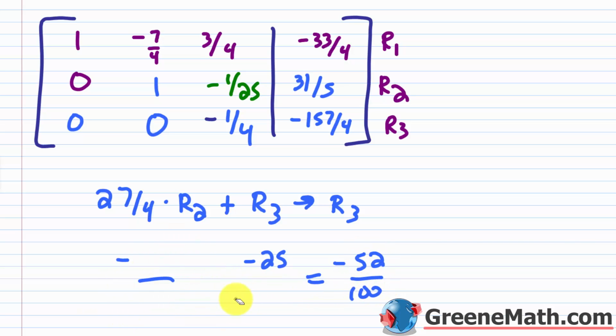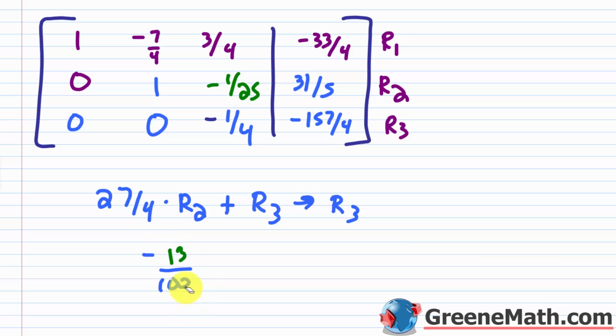Okay, so let me erase this. And we can simplify this before we write it. 52 divided by 4 is 13. And 100 divided by 4 is 25. Okay, so I'm going to write this as negative 13/25.